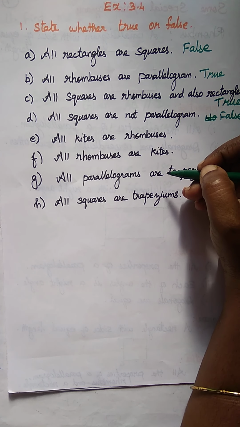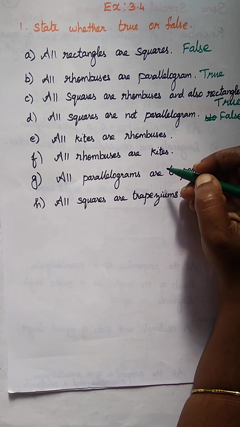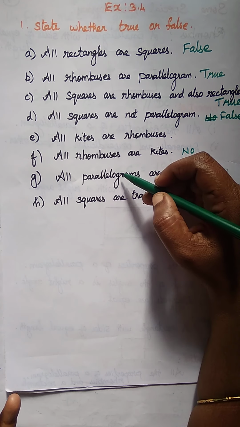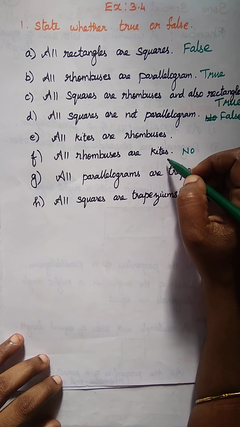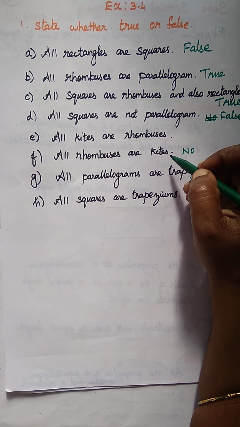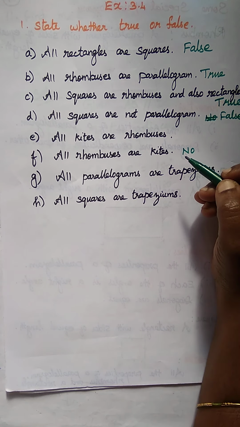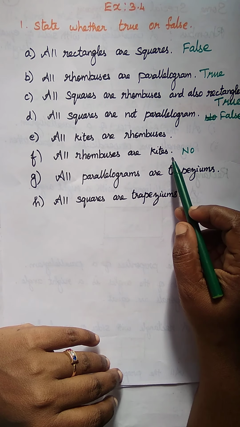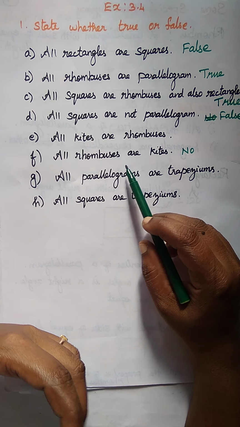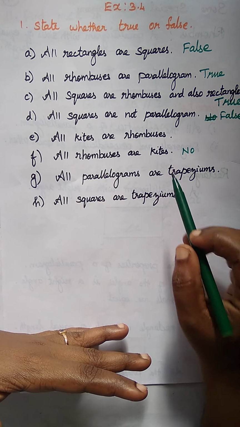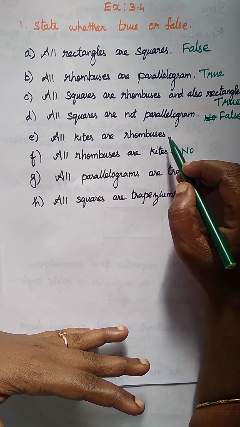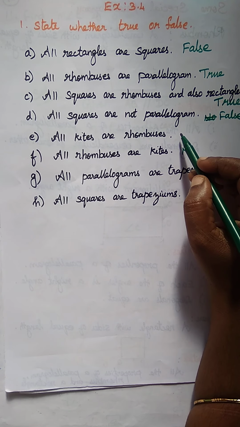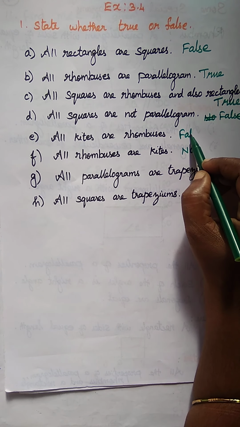Okay. All kites are rhombuses. No. In rhombuses all the sides are equal, but in kites all the sides are not equal. You can refer to the definitions in your class work. So all kites are rhombuses is false.